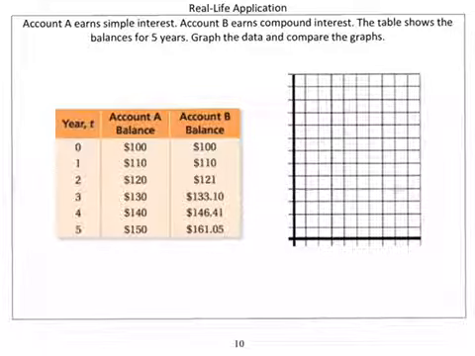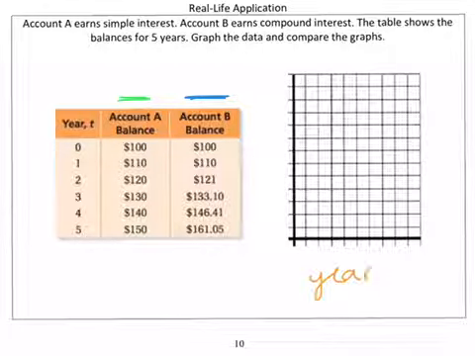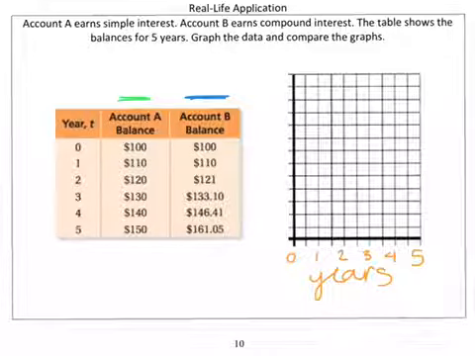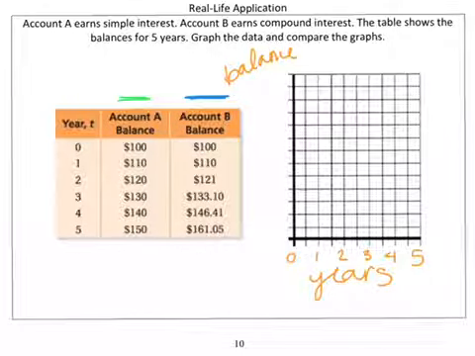So I'm going to go ahead and make account A green, and I'll do account B in blue, and we actually do graph it. I'm going to label the graph so we have years underneath. And I'm going to just spread it out a little bit. 3, 4, for 5 years. And then we're going to talk about the balance over on the y-axis. So as I'm looking, I'm thinking that I should go up by maybe tens.